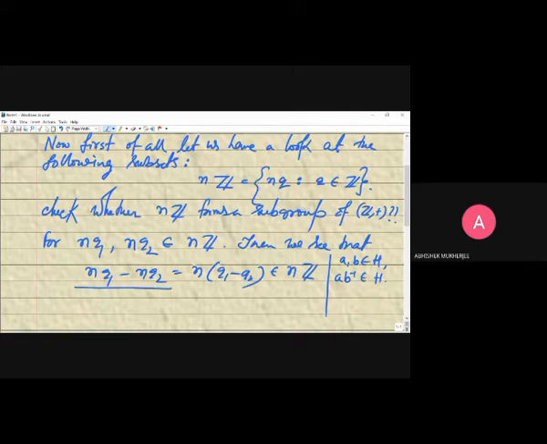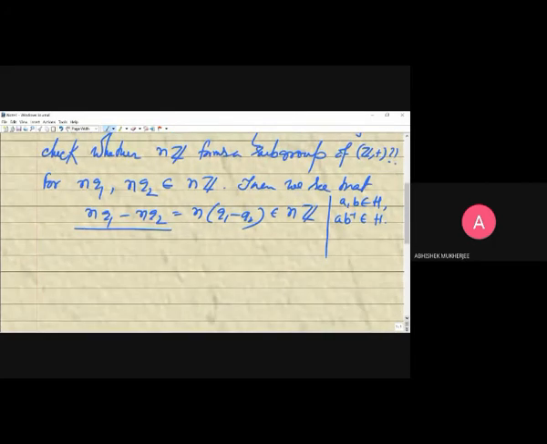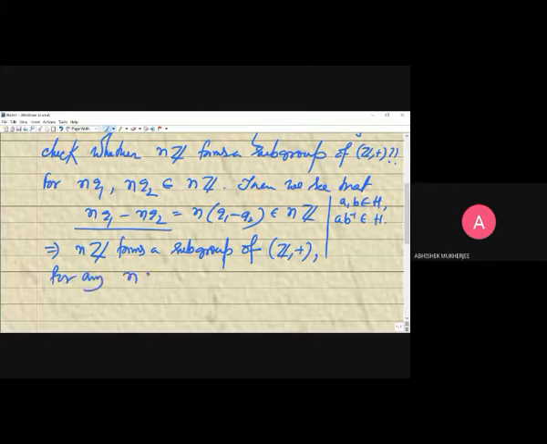So with respect to this criteria, yes, NZ forms a subgroup of Z plus for any n greater than or equal to 0.